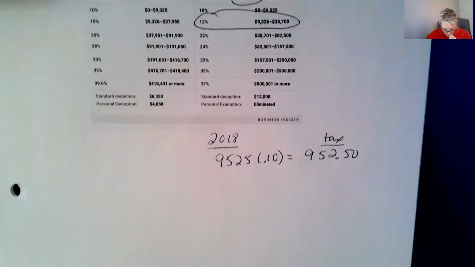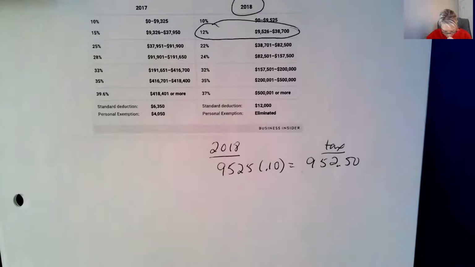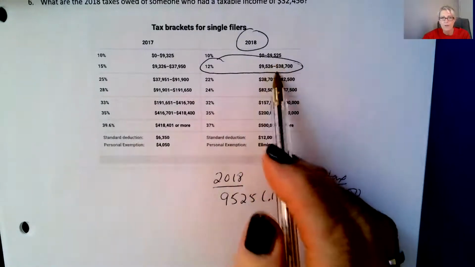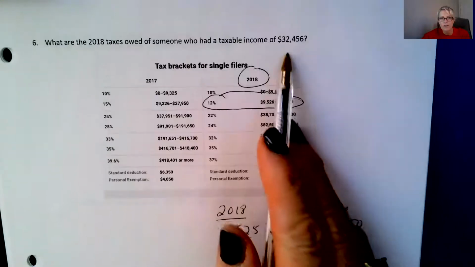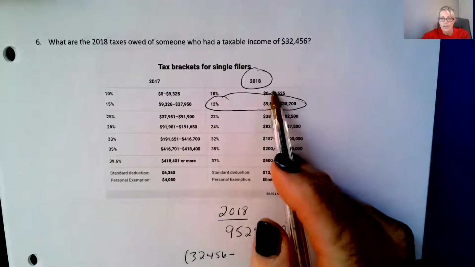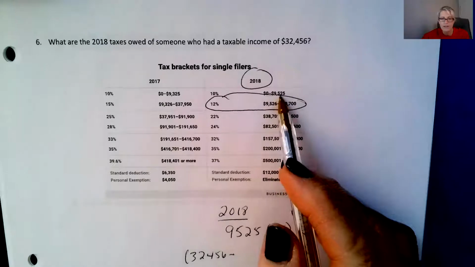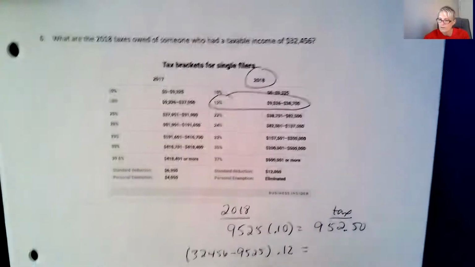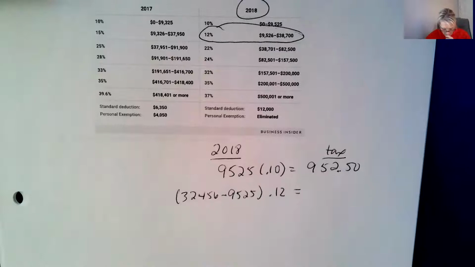And then at the 12% is going to be our salary that falls in there, which is the $32,456 minus the top of the previous category, 9,525. And we're going to pay 12% on that amount. Okay.